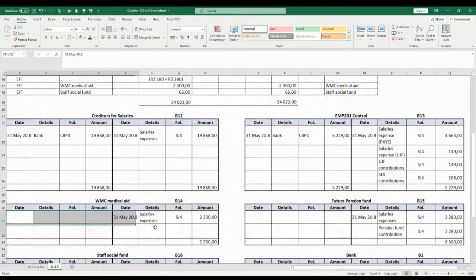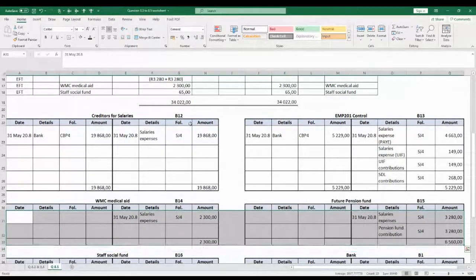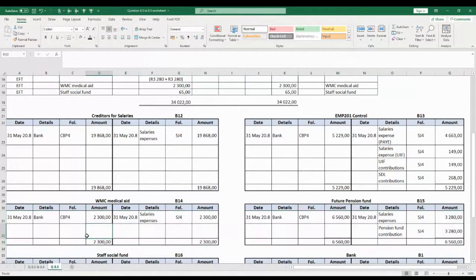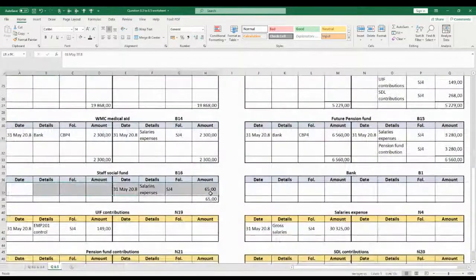And we do the same for our medical aid and our pension fund. So you apply the same concept for all of them. You'll see the folio number is our cash book payments journal 4. And the account name is bank because that's where the money is coming out of. And we do the same for the social fund.